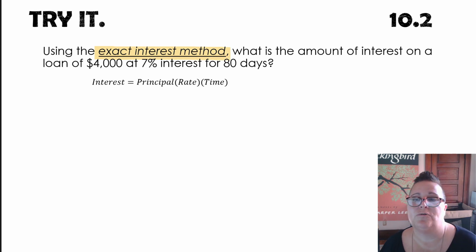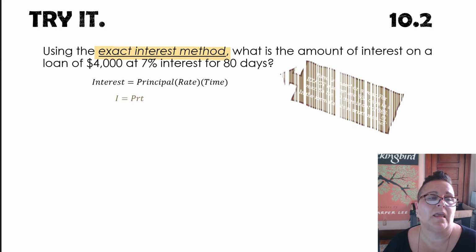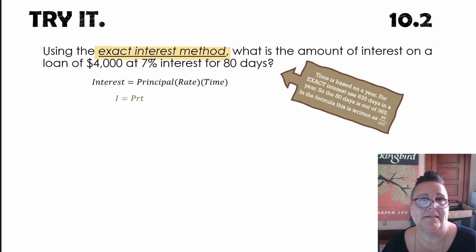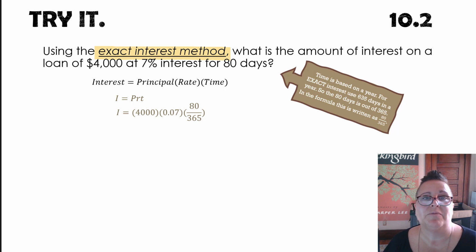Since interest is equal to principal times rate times time, or I is equal to PRT, we can see that time is going to be exact interest, or 365 days in a year. So the 80 days that they've given us is going to be out of 365. And I will have 4,000 times 0.07 times 80 divided by 365.